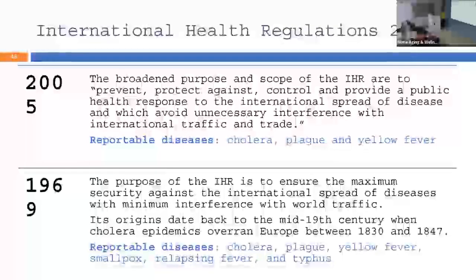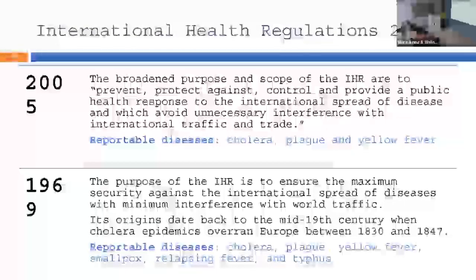But if there's any outbreak or any case here that we think, I don't want to call any name about any disease, that could have international spread or interfere with travel or trade or affect other countries, then we still have the obligation to report.